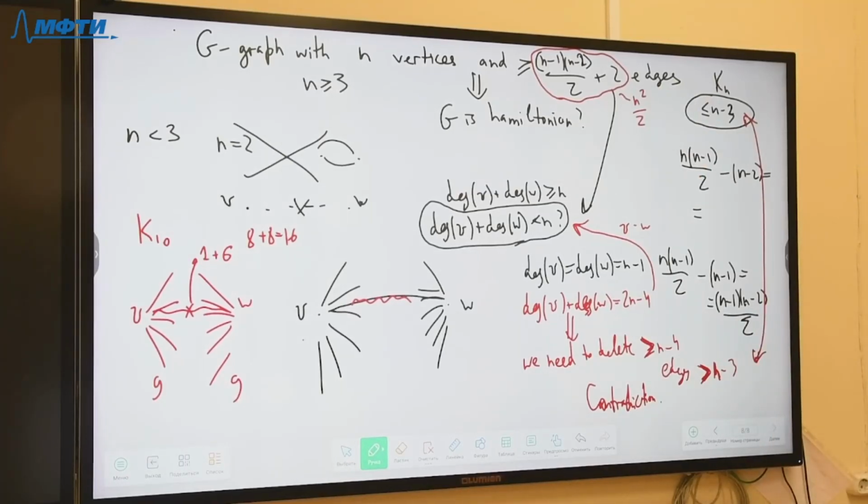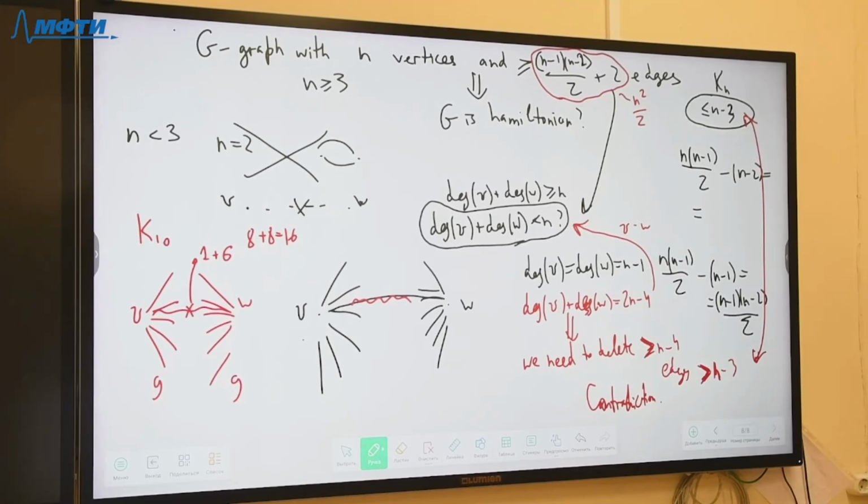And if we take an arbitrary graph, then I think we can have much fewer edges for the graph in general to be Hamiltonian.